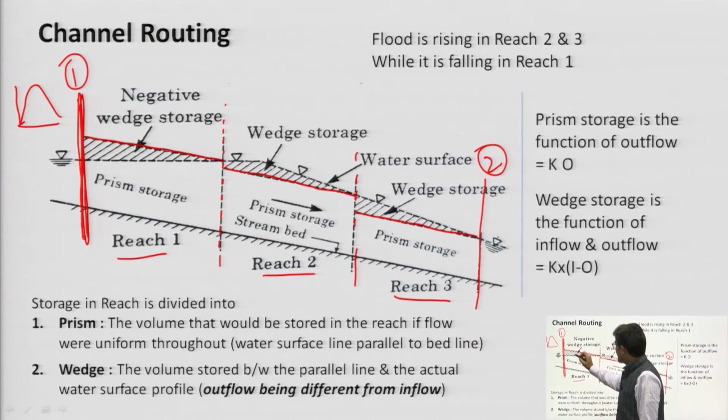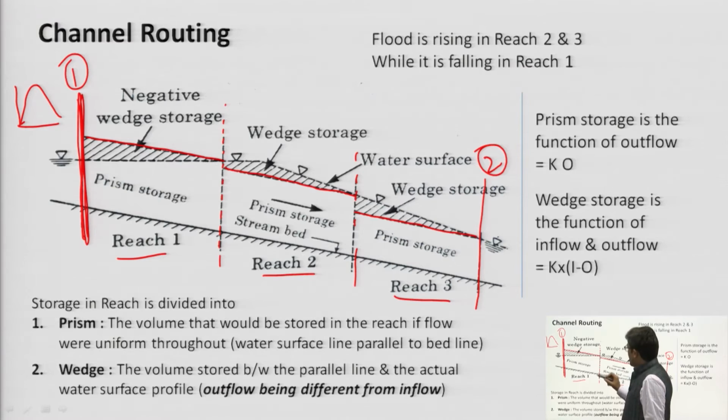That is why the water in reach 1 has been reduced, since inflow minus outflow. If there is a difference between inflow and outflow, then either reducing or increasing quantity of water will happen.